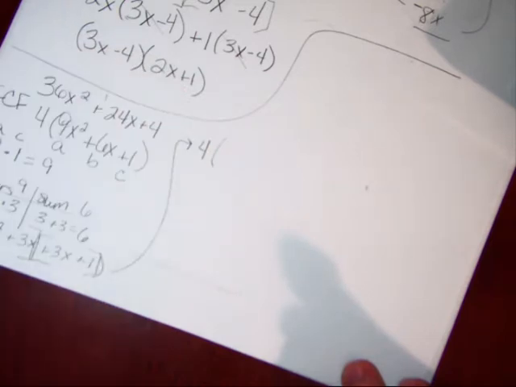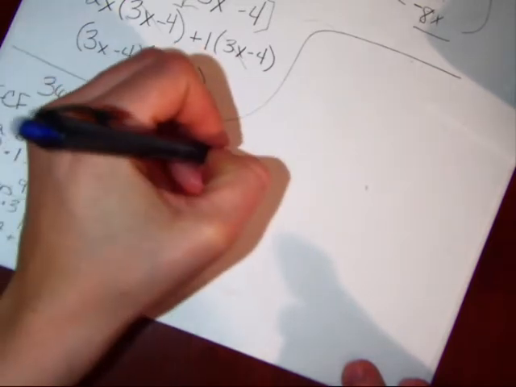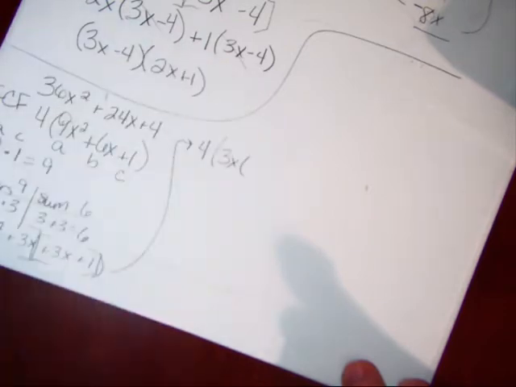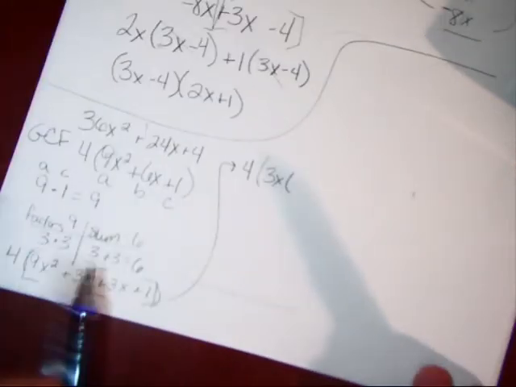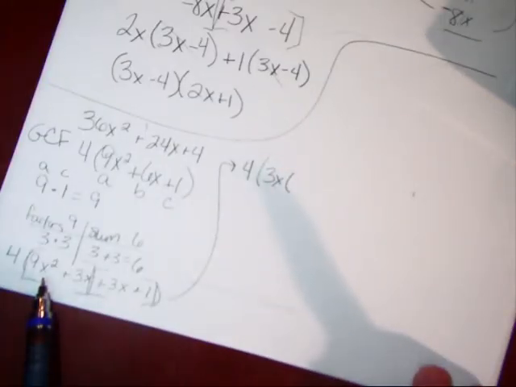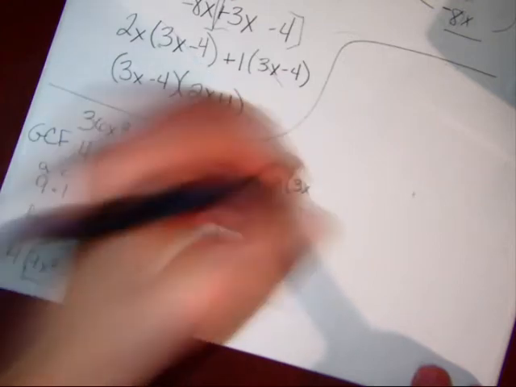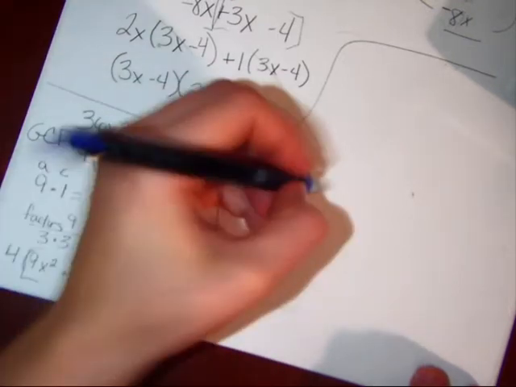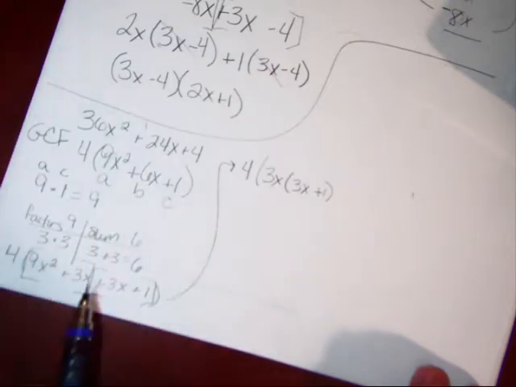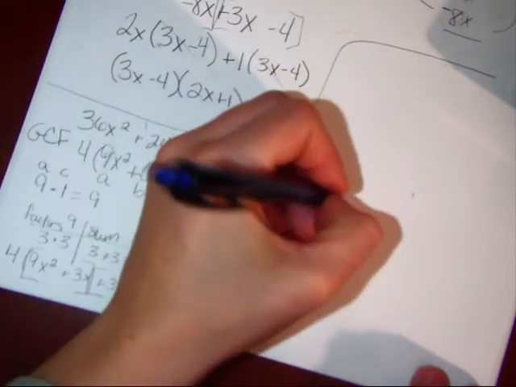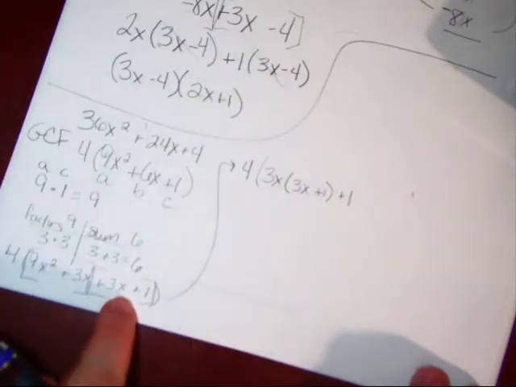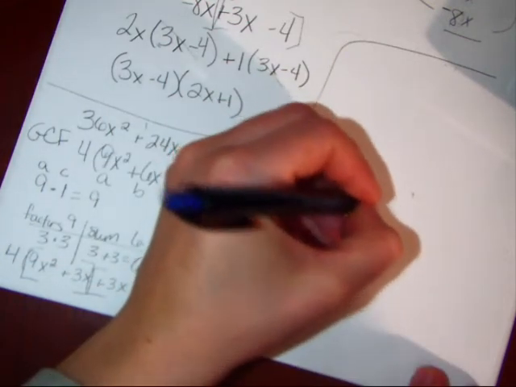From the 9x squared and the 3x, I am able to pull out a 3x, and I will be left with 3x, since 9x squared divided by 3x makes 3x, and 3x divided by 3x makes a plus 1. Right here, I will pull out a plus 1 because that's the only thing these two things have in common, and I will be left with 3x plus 1.